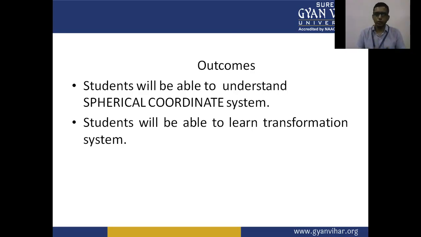We also know that the cylindrical coordinate system is known as a circular coordinate system, and the second name of the spherical coordinate system is that it works as a cone. So it is also known as the cone or spherical coordinate system or conic coordinate system.